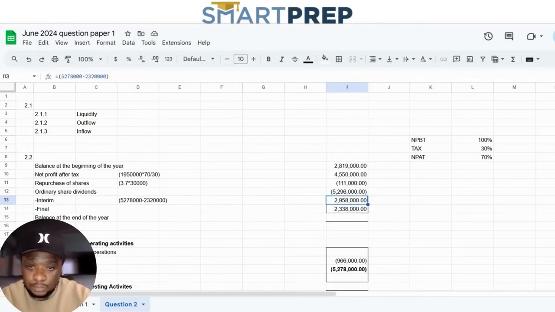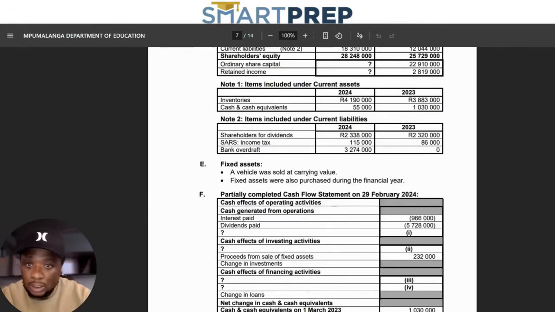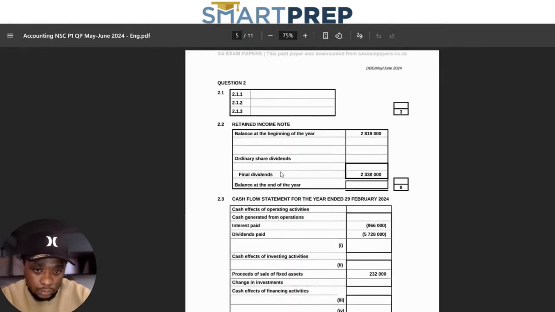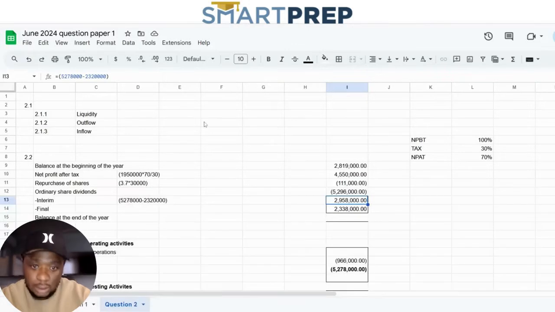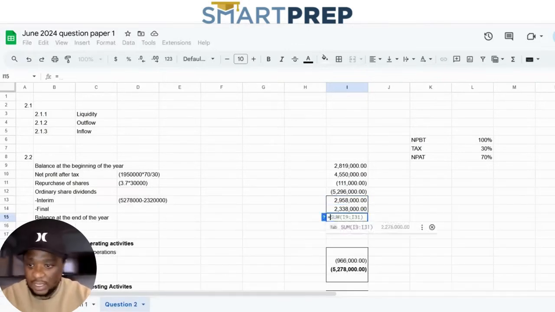And yep, it is negative. Yes. All right, cool. And therefore, the balance at the end of the year for the retained earnings, we're going to just add up these amounts, and then we get the amount at the end.